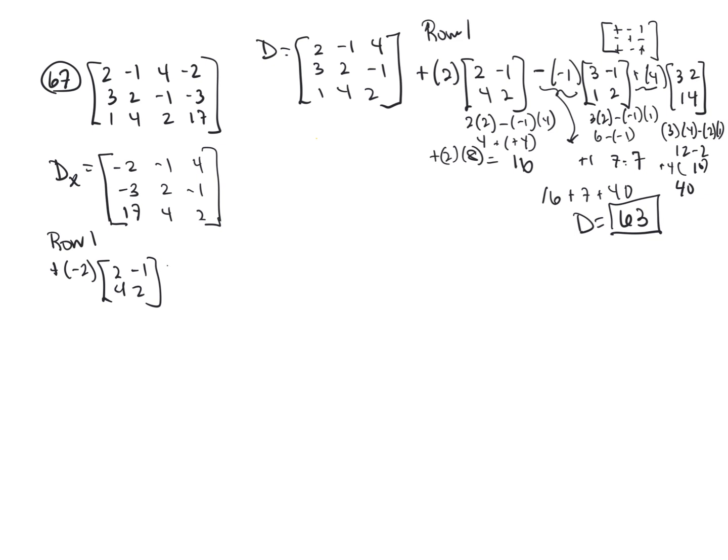Okay, then I'll have a minus because of my sign matrix, and then I have a minus 1. What's left over there? That'll be negative 3, negative 1, 17, 2. I think I'm going to need my calculator. That came from crossing out where the negative 1 was, the row and the column. Okay, one more. Positive from my sign matrix with a 4. And I will have left over negative 3, 2, 17, 4.